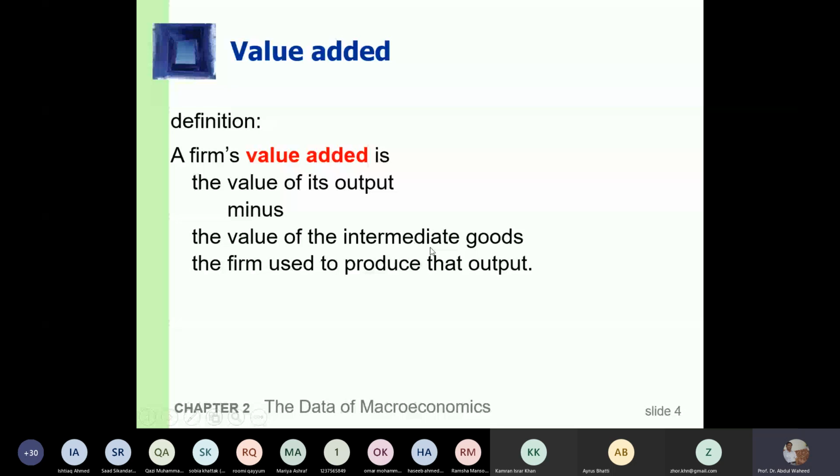This difference between intermediate goods and final goods should be clear. Intermediate goods we buy for further processing, but final goods we purchase for immediate use.